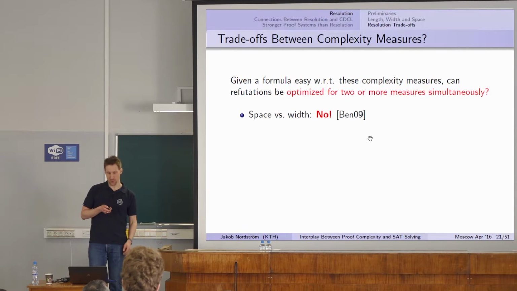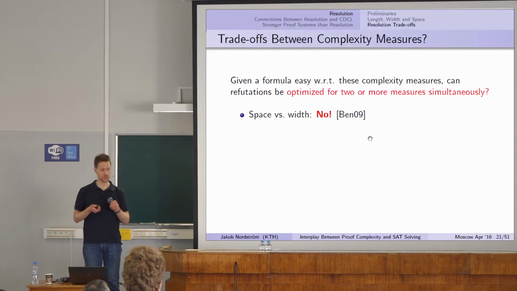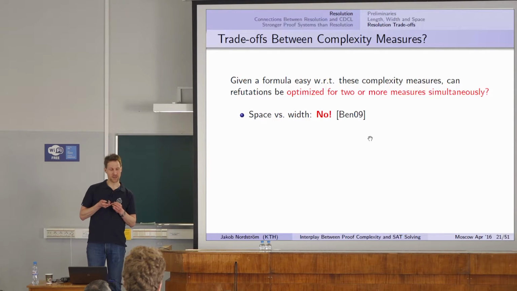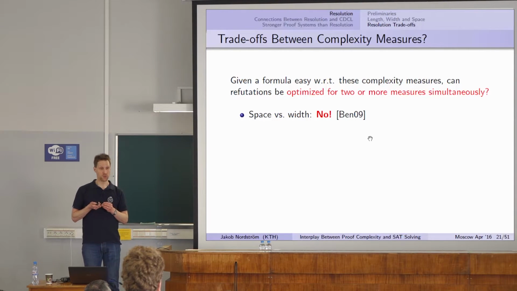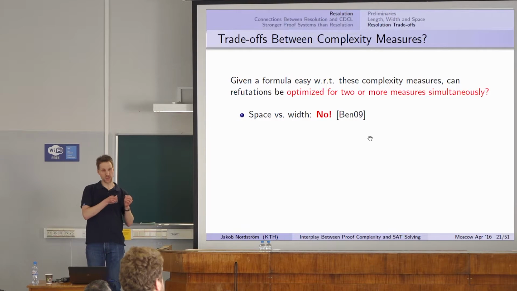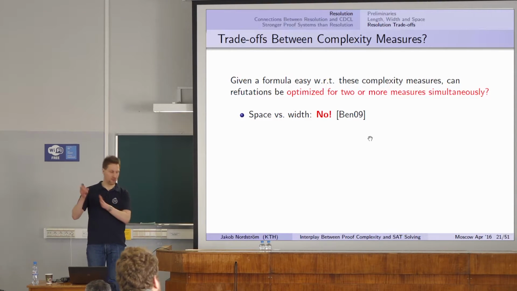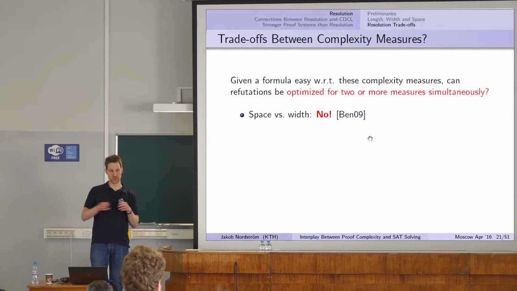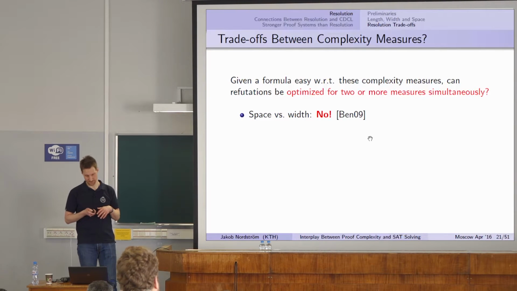So these questions have also been studied for all the pairs of measures we've been talking about. And the first one to be proven was that space and width cannot be optimized simultaneously. So there are formulas that are very simple with respect to space, that have very small width proofs, but if you optimize one of the parameters, you essentially get worst case for the other.